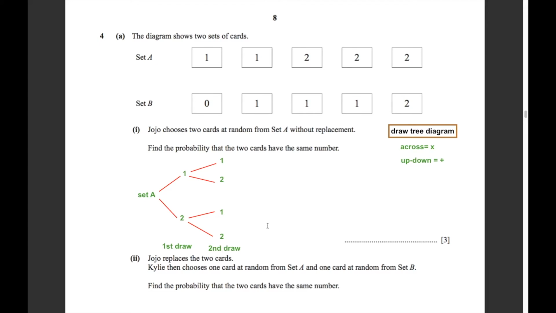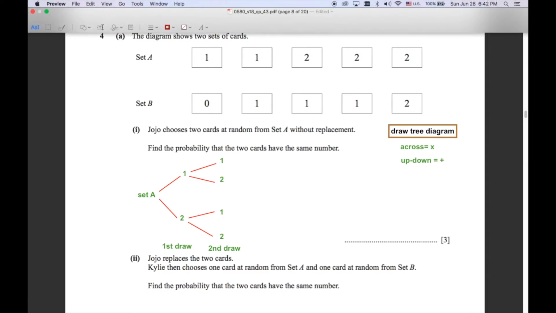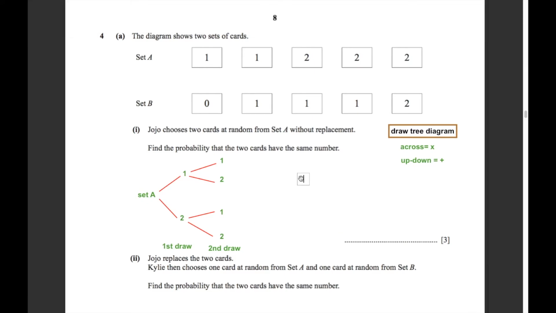Now we have to place the probability. You know how earlier I said that 1 basically means 100%? That's the full probability, it just has to add up to 1. We're going to have it in fraction form for now, though you can have it in decimal form as well. What's the chance of getting a 1 on the first try?